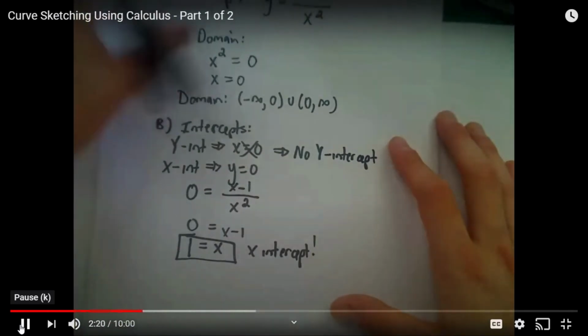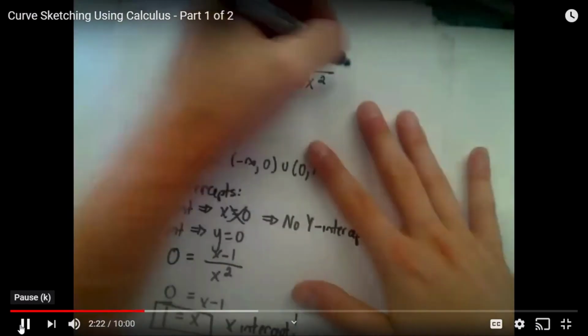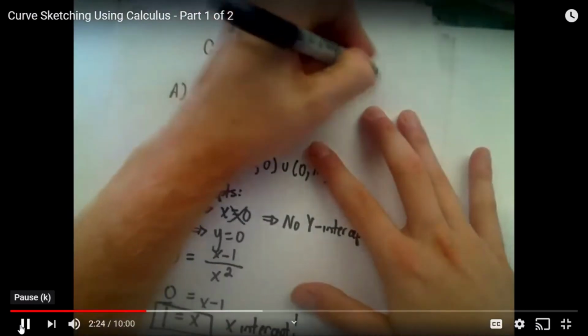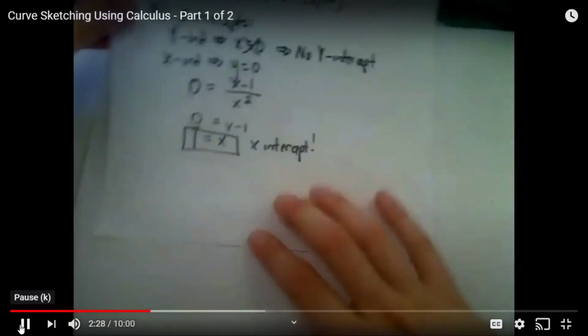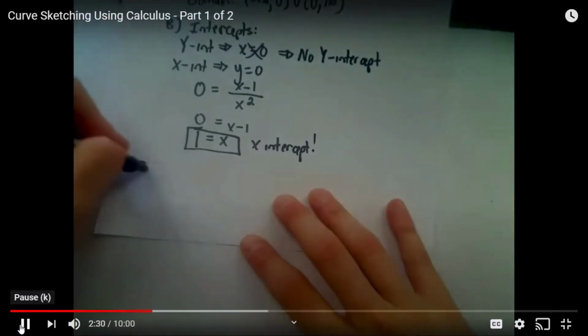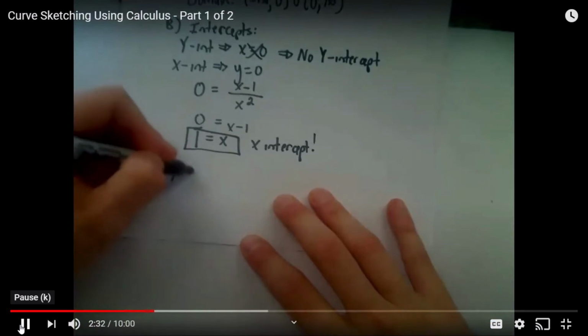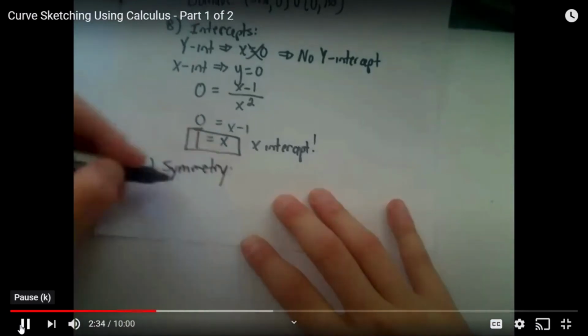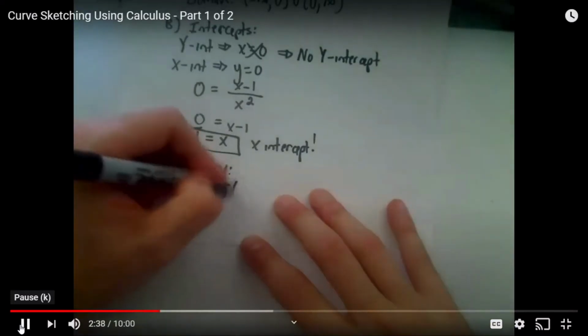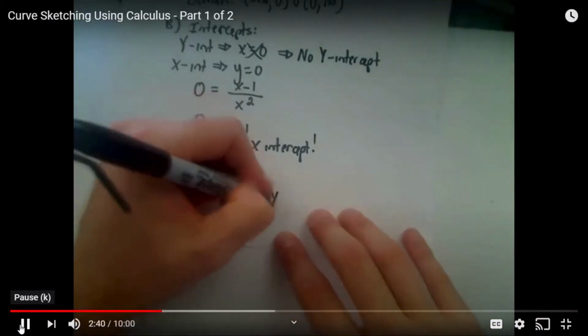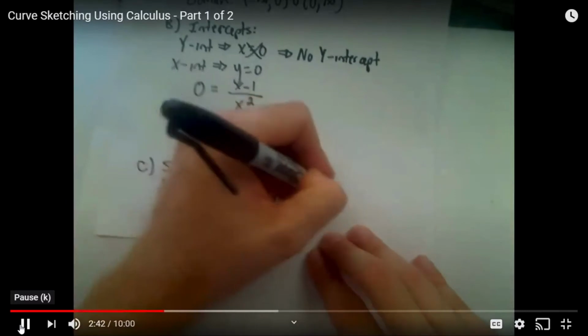Next, let's do symmetry here. So I could label this function, instead of y, I could call it f of x. So remember for symmetry, the rule says if f of negative x equals f of x, it's symmetric about the y-axis.